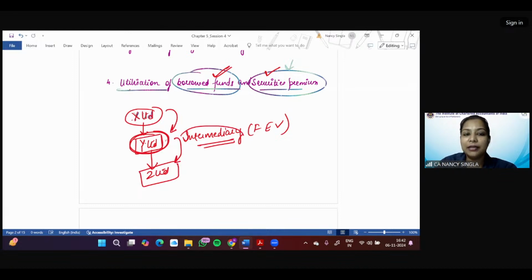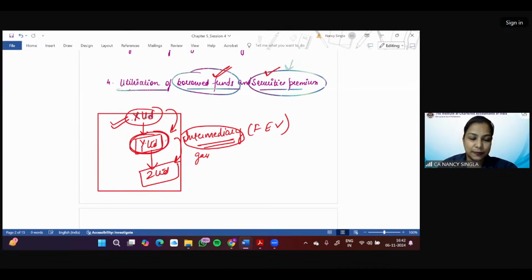Or Y Limited will give a guarantee on behalf of Z Limited, the ultimate beneficiary. In such a situation, what are the disclosure requirements by X Limited? This we are going to discuss here, right?